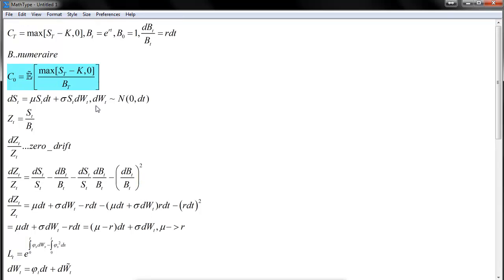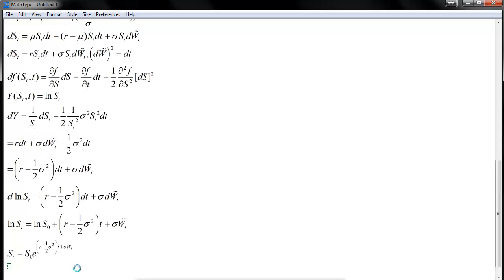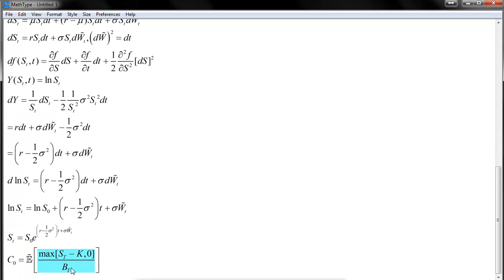I now take this formula again, and I know that this term is deterministic, and it's equal to e to the minus r t.